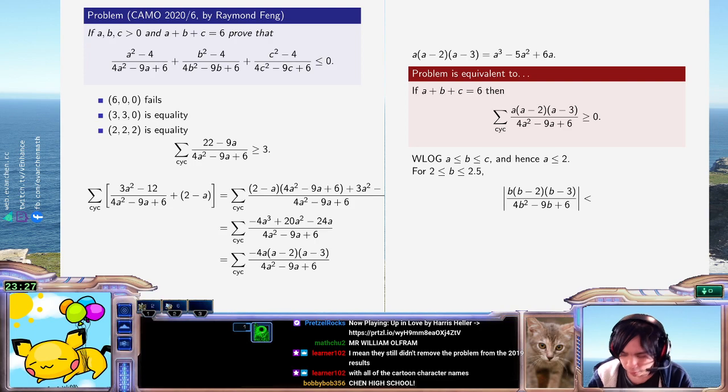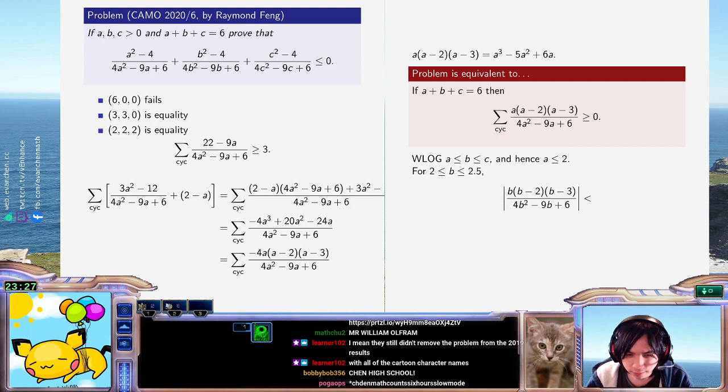So if we want b close to 2, this is like b minus 2 times something, right?